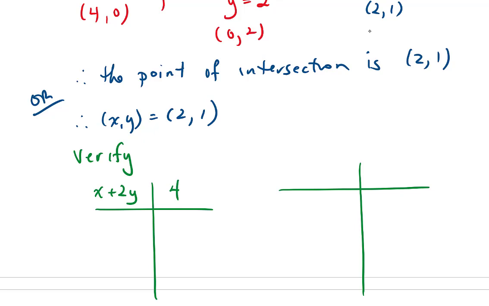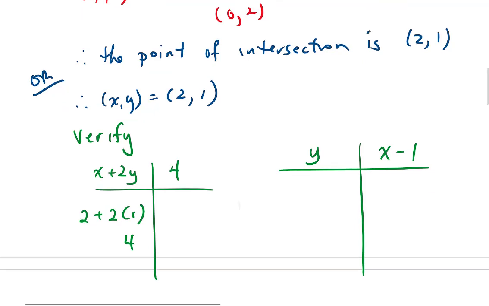And then over here, we're going to put equation B, which is y equals x minus 1. Now, using the point (2, 1), we're going to verify that these equations work. So I'm going to sub in 2 for x and 1 for y. And I get 2 plus 2 times 1, which is 4. So 4 equals 4. So that is correct.